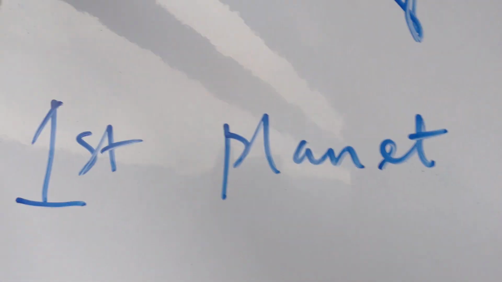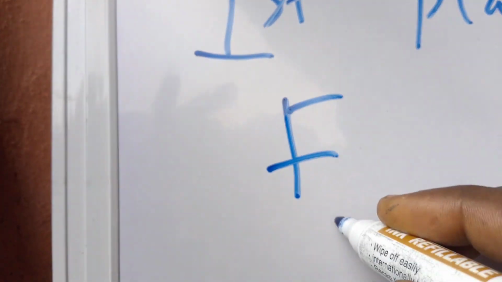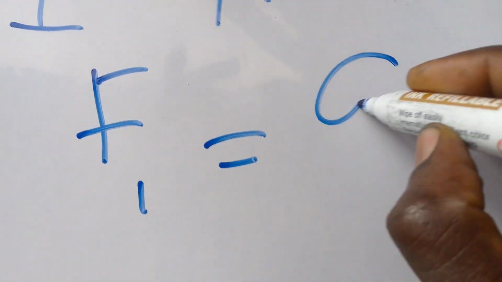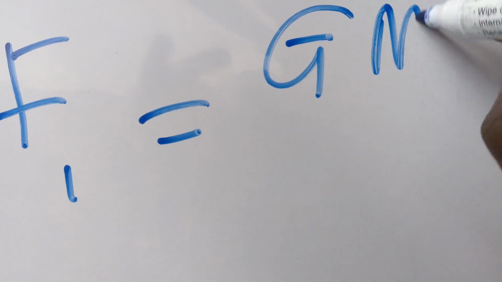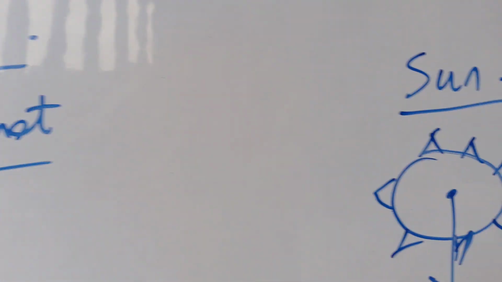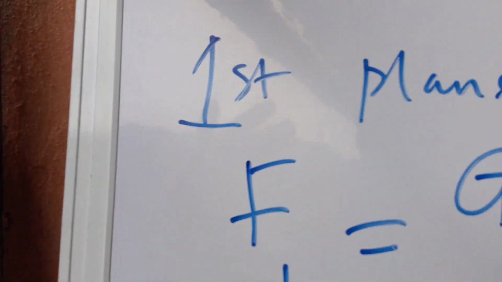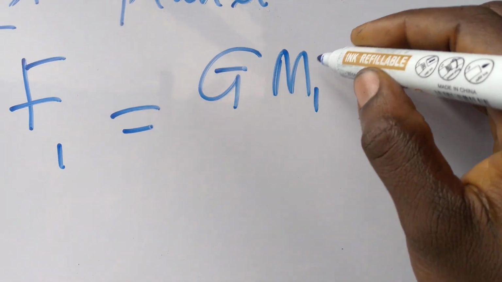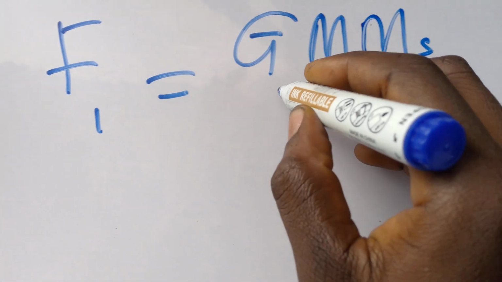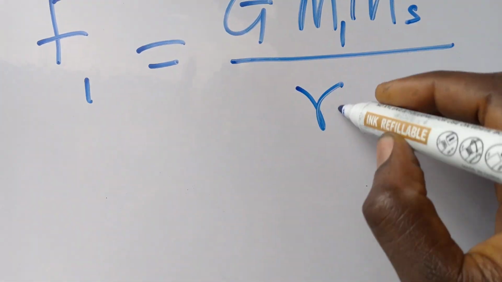So that means F1 will be equal to G. My m1 here is the first planet, and my m2 will be ms. That is G m1 ms over r1 square.